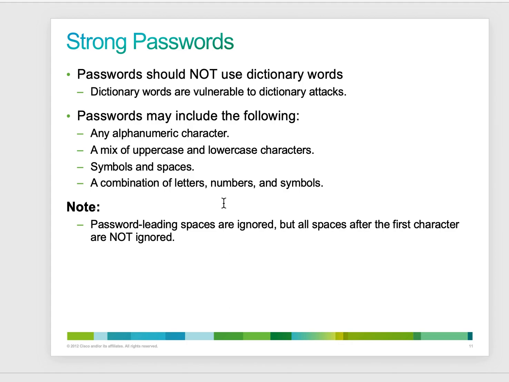So you can put symbols and spaces between what you're typing, so that hackers cannot easily second guess your password. A strong password should include a combination of letters, numbers, and symbols. We've talked about this. Now, note that leading spaces in a password are ignored, but all spaces after the first character are not ignored.